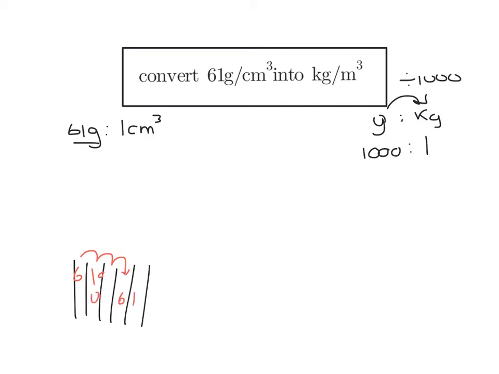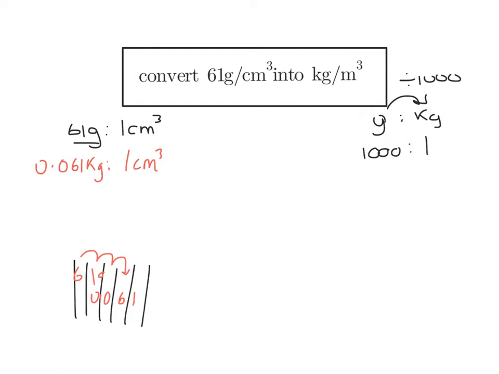So it's going to be 0.061. And that's in kilograms. But we're still in centimetres cubed at the moment. So that's my next conversion that I need to look at.